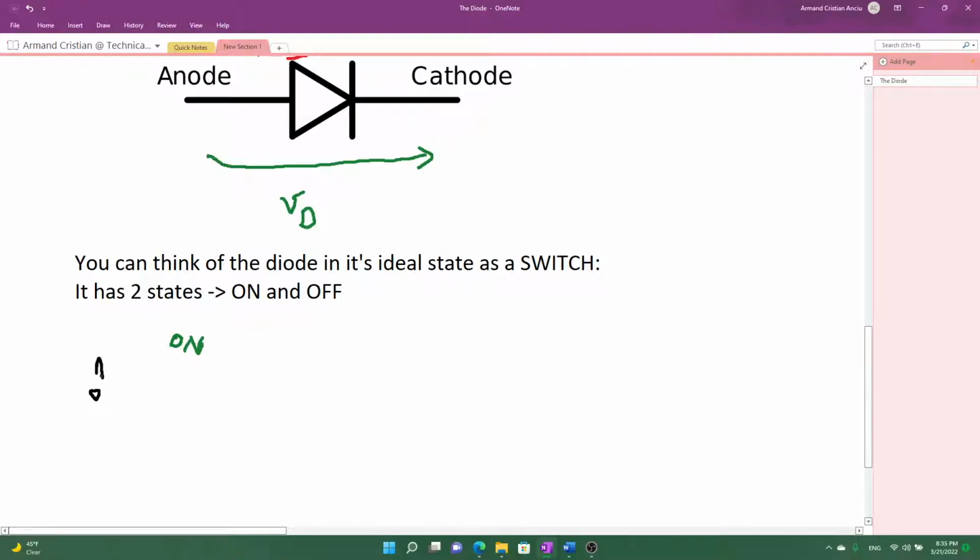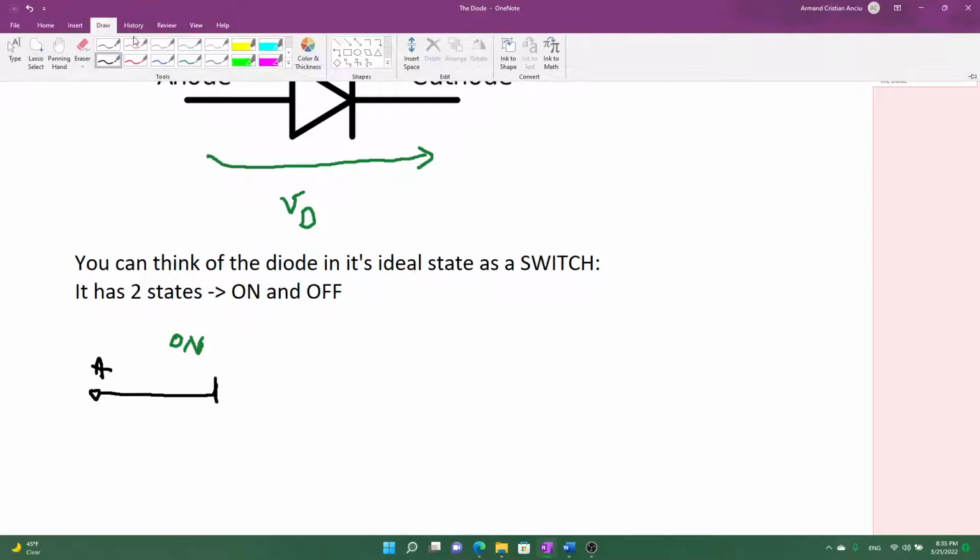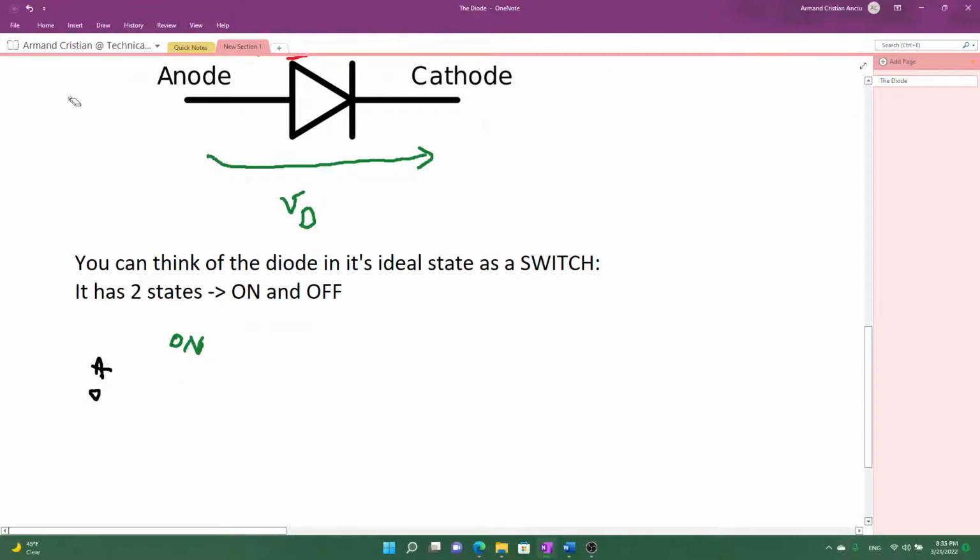To the left we have the anode, and we have a switch, like this.